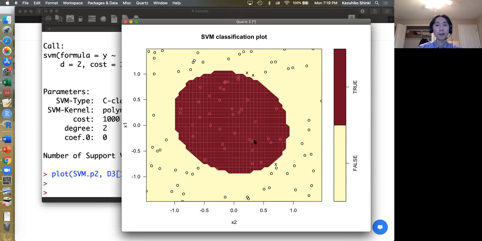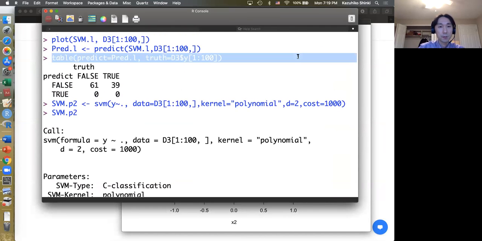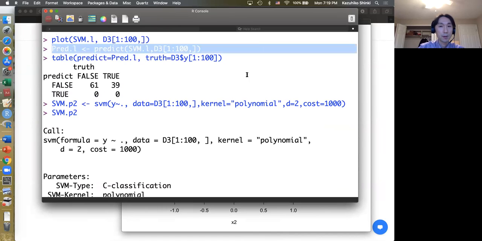So all red points are within this region, the red, wine color region, and all the false points are outside, in the yellow, cream region. So for the training set, this is perfect separation. This is pretty good, and you can check this by predicting.